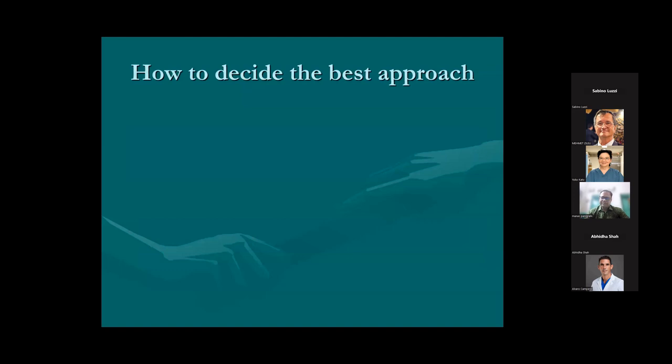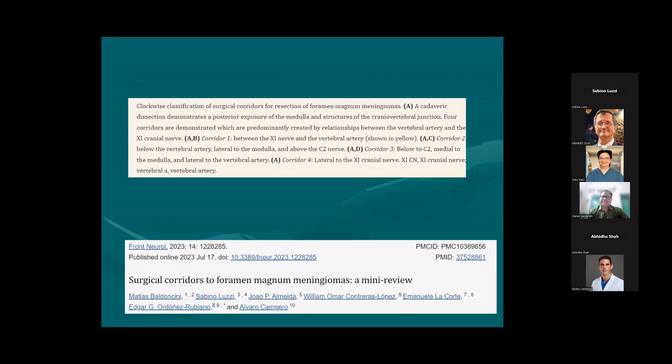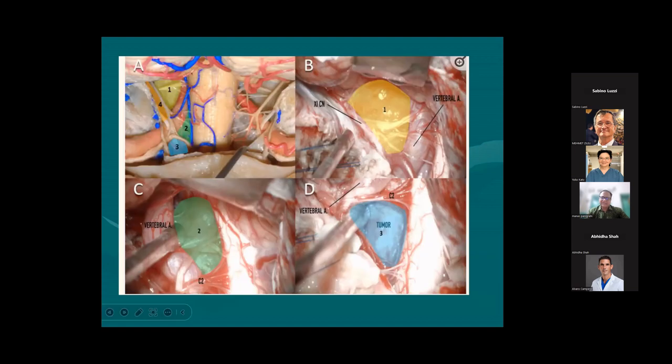So how do you decide the best approach for a particular tumor? The best approach can be decided by visualizing the scan. If one does a posterior fossa midline suboccipital craniotomy, and the tumor is seen on the surface, there are different corridors: the tumor is seen lateral to the vertebral artery, or between the vertebral artery and the medulla, or above the C2 nerve roots and below the C1 nerve root, or lateral to the spinal accessory nerve.